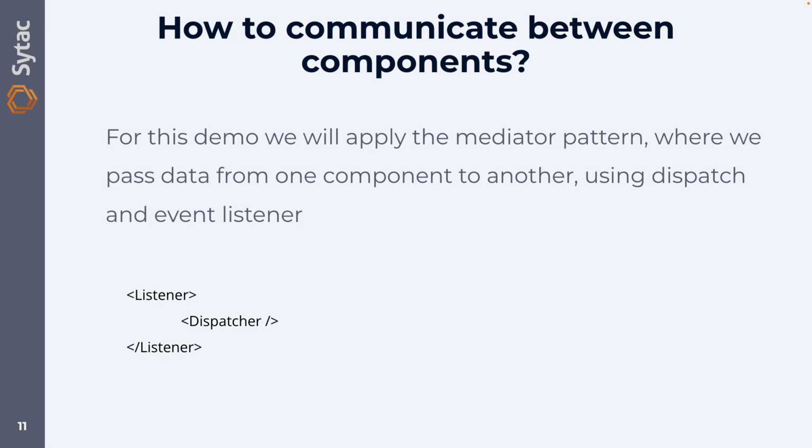Okay, this is something that was difficult for me to understand at the beginning, how to communicate between components, right? One of the patterns that was easier to understand for me was the mediator pattern, which basically stands like, you have a parent and then you have the child.